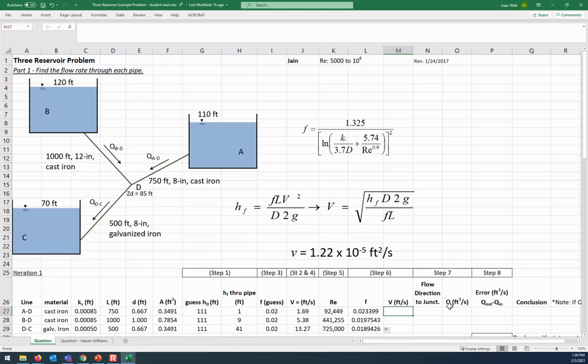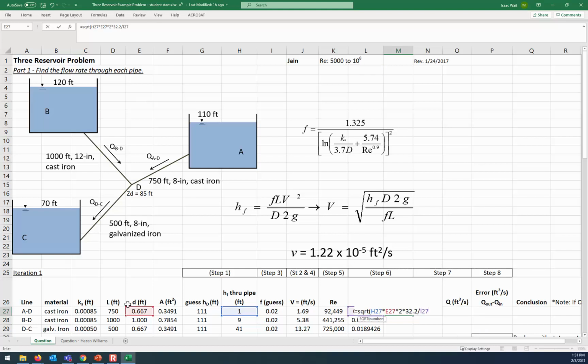We can find the updated guess of the velocity because we have a better guess of the F value. So the velocity is the square root of h sub f times d times 2 times g, divided by our newly updated guess of the F value, which is in cell L27.